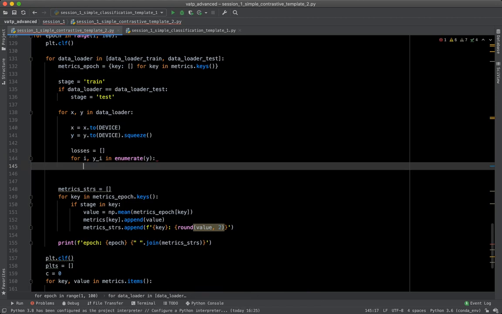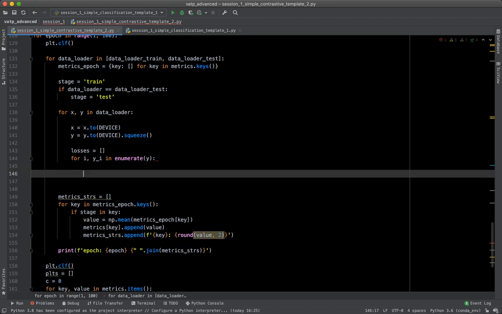The other thing is that I will do a little bit of sample mining. Sample mining is very common with all of these deep metric learning methods, because usually you cannot consider every single combination of every single sample. So usually you use sample mining.